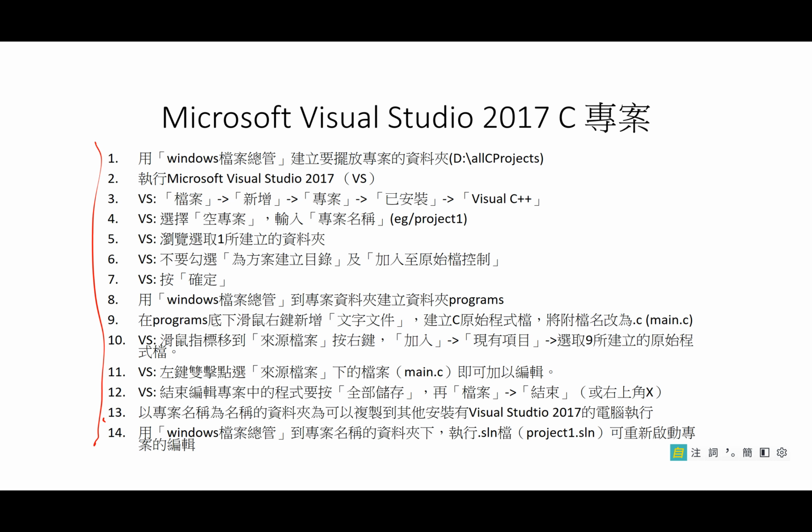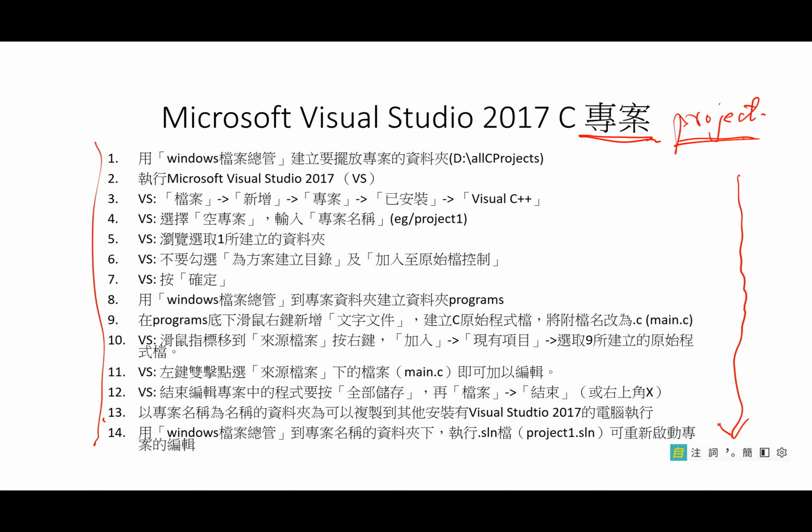They tell you how to build a so-called, I don't know, project in English. But the Visual Studio version is in Chinese. So basically you just follow this instruction and you can build a project for your C program.